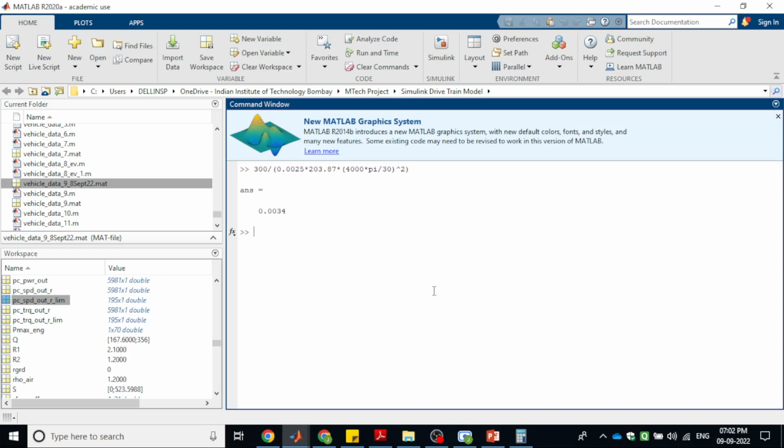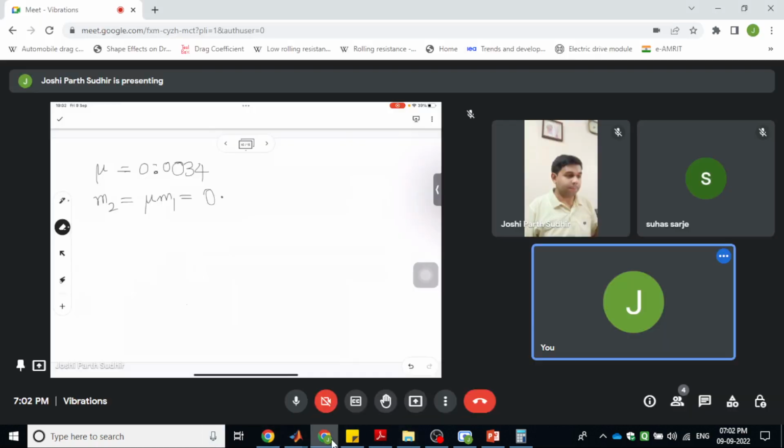So M2 will be mu M1, which is, so we should get around 0.684 kg.